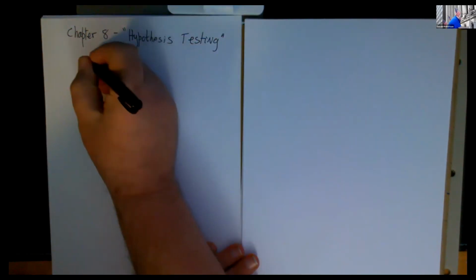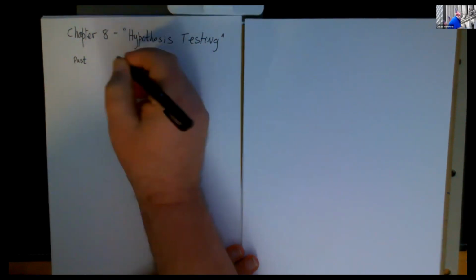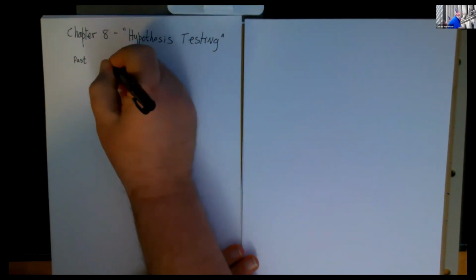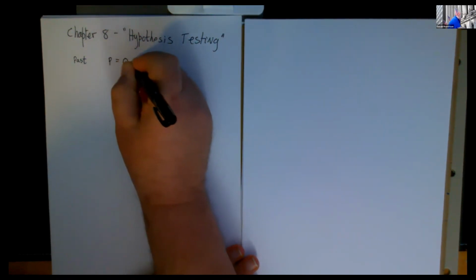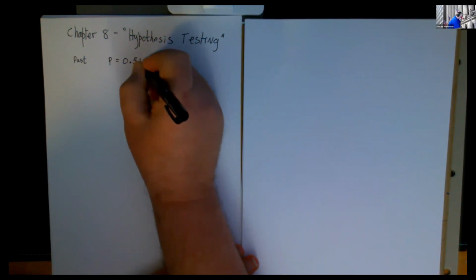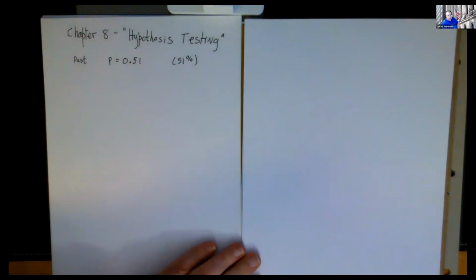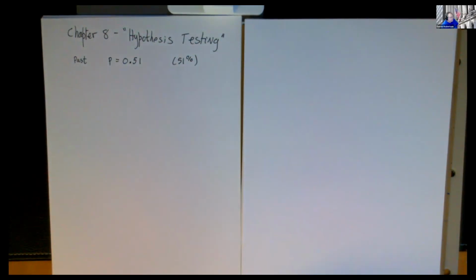In the past, because we've collected a lot of data on it, we just knew that the percentage of adults who smoked was, say, 51%. That was in the past. So we're assuming that that is information that was true back then.